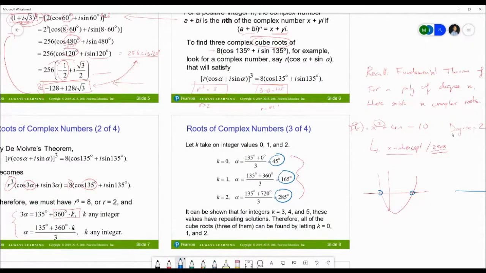We expect to have 2 roots. So here they're asking us to find the cube root, which we expect to have 3 roots. Okay, so cube root means you're going to have 3. Square root, you have 2 solutions. Fourth root, fifth root, eighth root, whatever. How many roots there are is how many solutions you're going to have between 0 and 360 degrees.